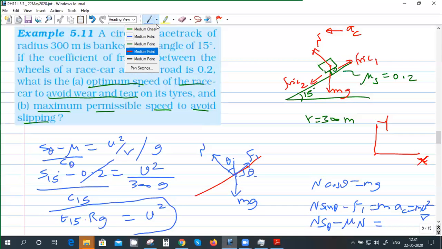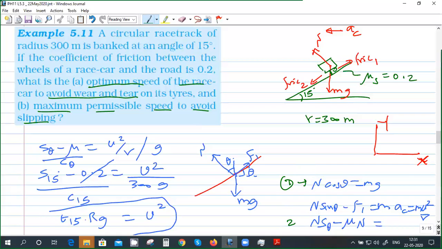Daksh, are you getting it? Yes, sir. This is equation 1 and this is equation 2. So equation 2 by 1 will give this result with F1 equal to 0.